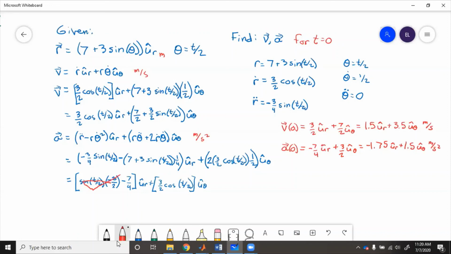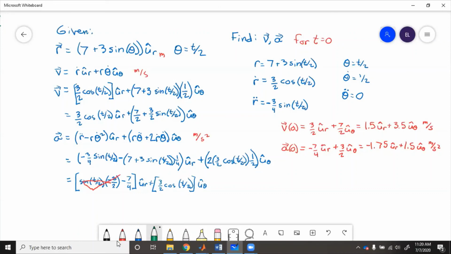So to recap what we did here, for polar coordinates, we have to remember that the unit vectors also change. So you can take their derivatives or use those formulas, and then you take derivatives of r and theta separately, you plug them into the formulas, and then if you have numbers, you plug in the numbers.